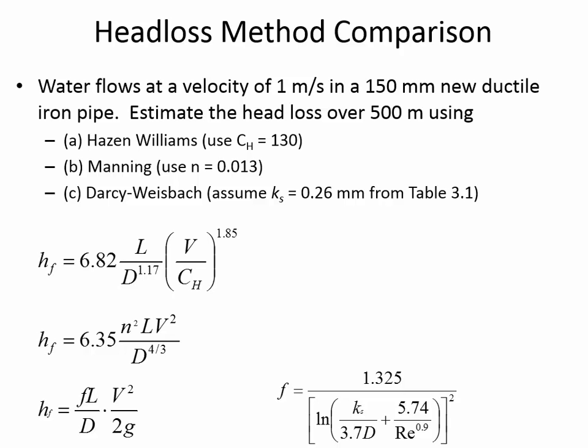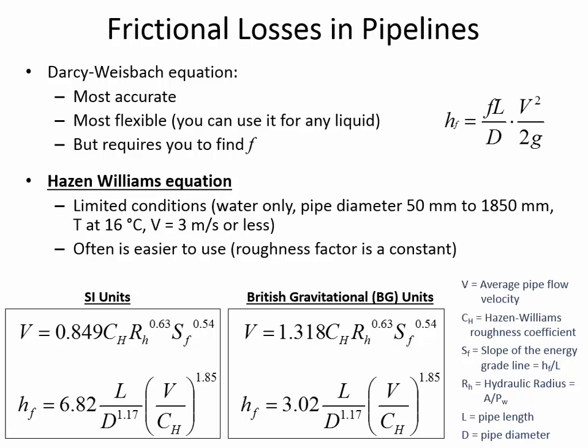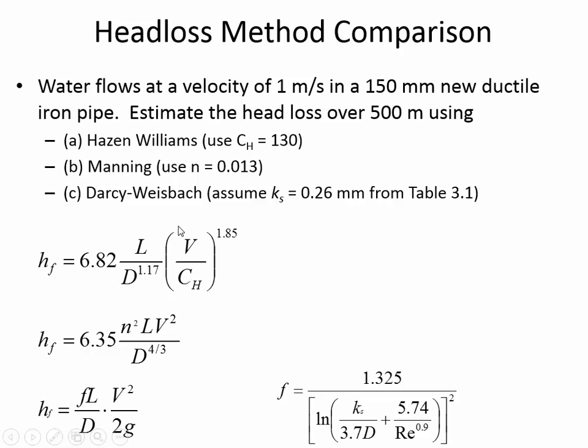The diameter of the pipe is 0.150 meters. And water is flowing through it at a velocity of 1 meter per second, which is less than the limit. The limit that we're told for the Hazen Williams equation is that velocity should be below 3 meters per second, and it is in this illustration. The pipe length is 500 meters. And what else do we know? Okay, that's it. So how much head loss is there?